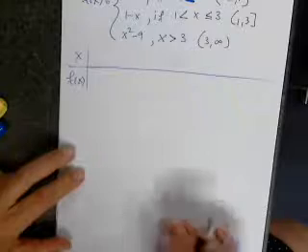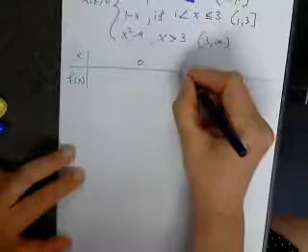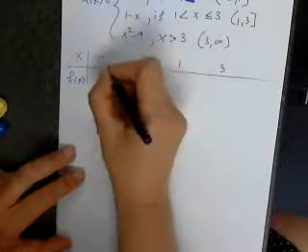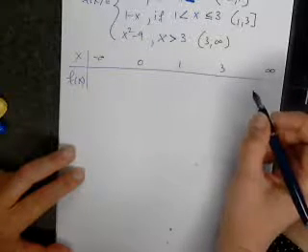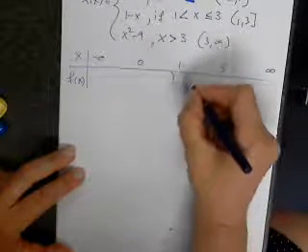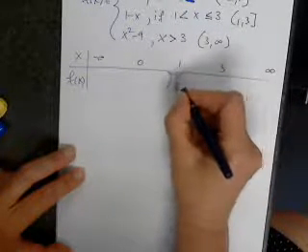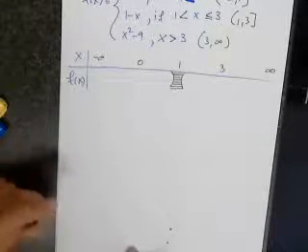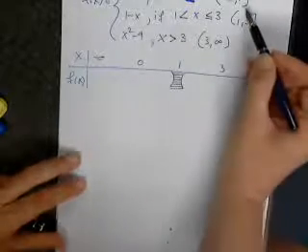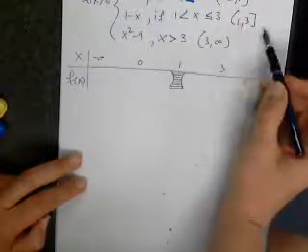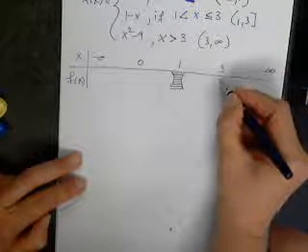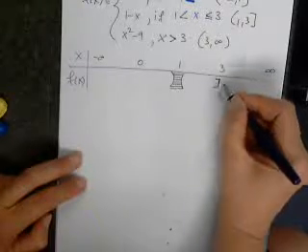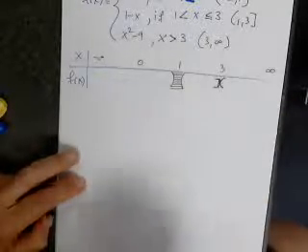Exactly. So 0, 1, and 3, negative infinity to infinity. Careful, this is how I will represent that the function is undefined at 1. There is nothing there. So to the left of 1, parenthesis, to the right of 1, parenthesis, to the left of 3, bracket, to the right of 3, parenthesis.